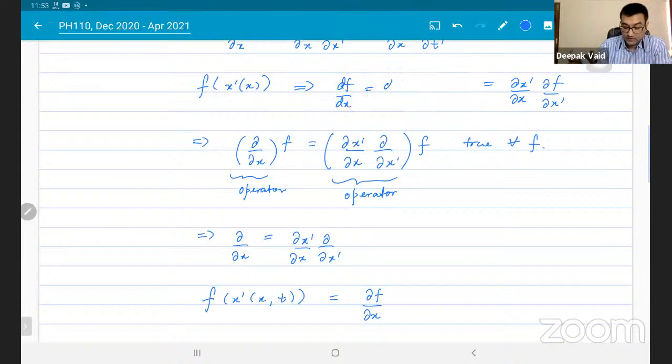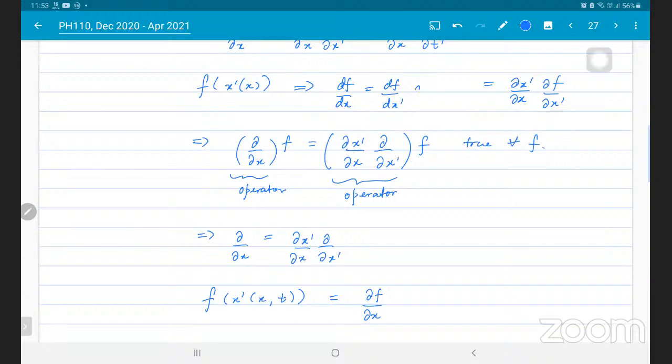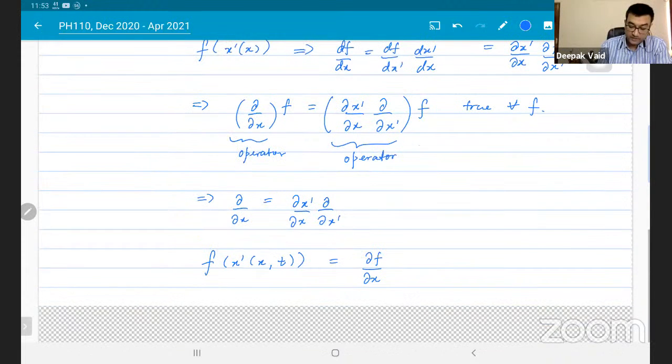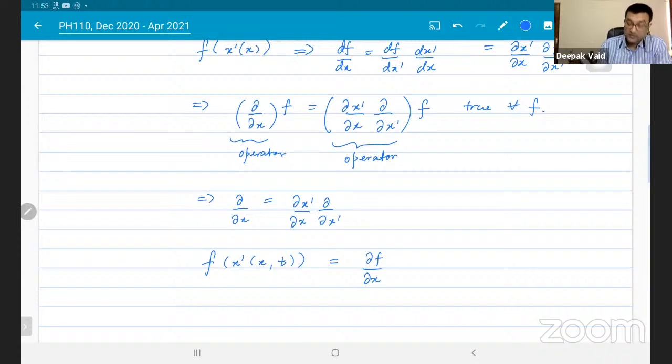Df by dx is equal to df by dx prime by dx. So total derivatives rather than partial derivatives. But here I have to calculate partial derivatives because f depends on two functions x and t. So what is df by dx? Df by dx would be df by dx prime by dx. This is one term.